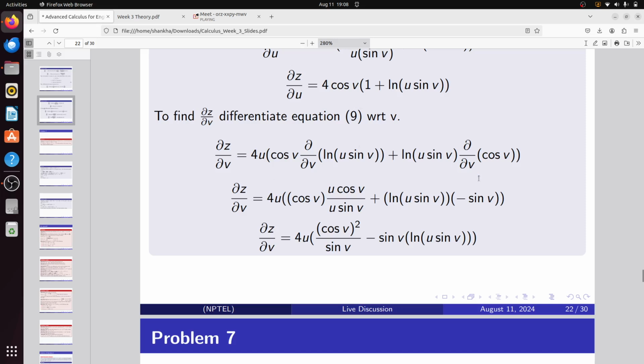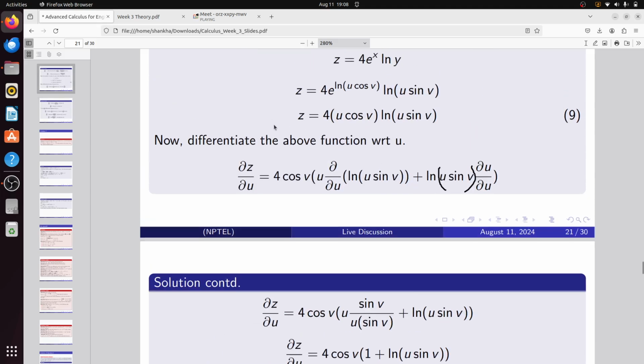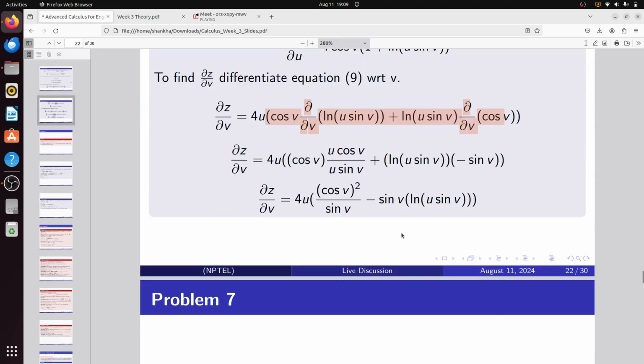Because I have just used the product rule of partial derivatives. So ∂z/∂v equals 4u, cos v times u cos v over u sin v, plus ln(u sin v) times minus sin v. The u will cancel, so 4u, cos²v/sin v minus sin v ln(u sin v).